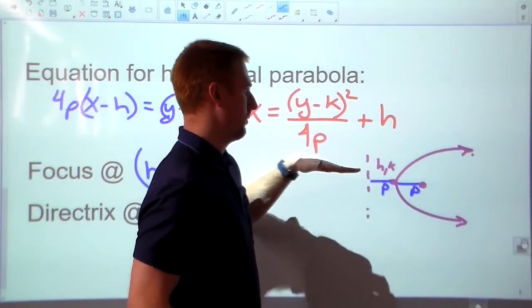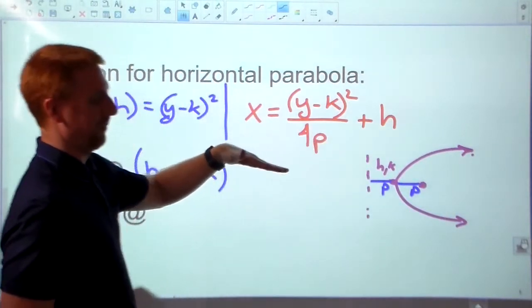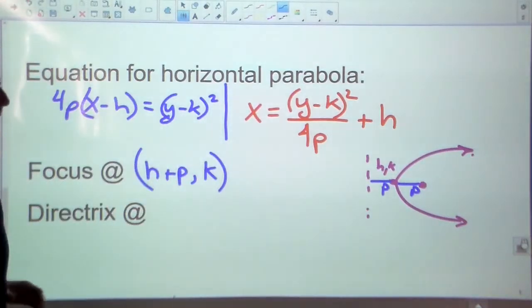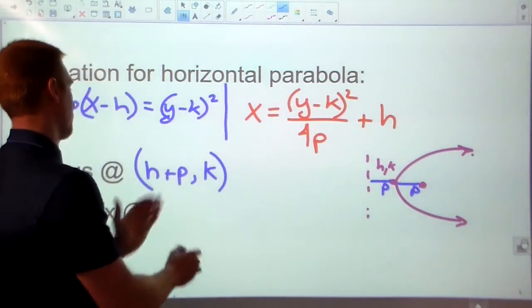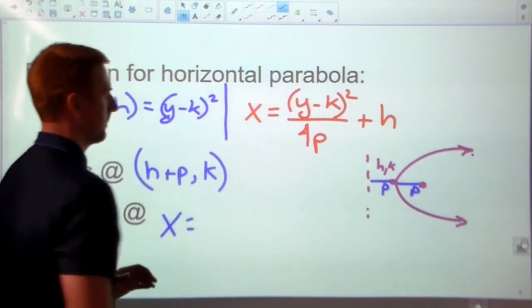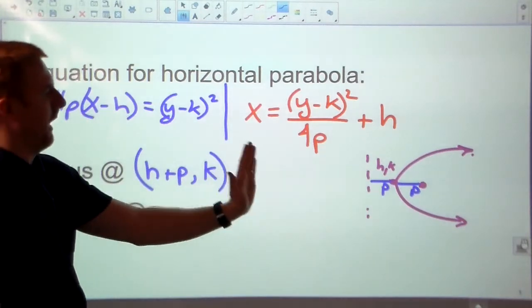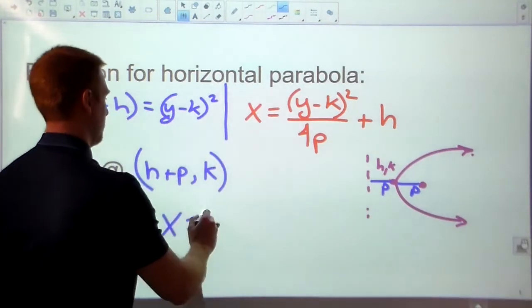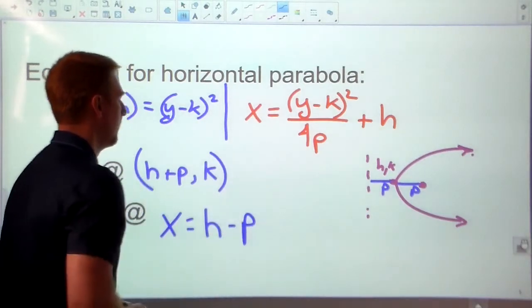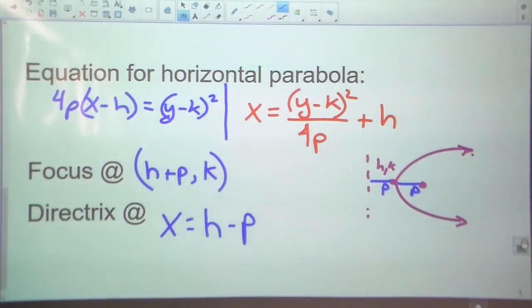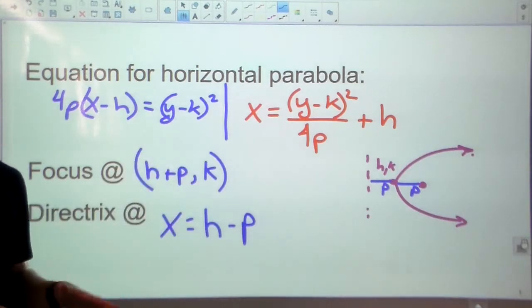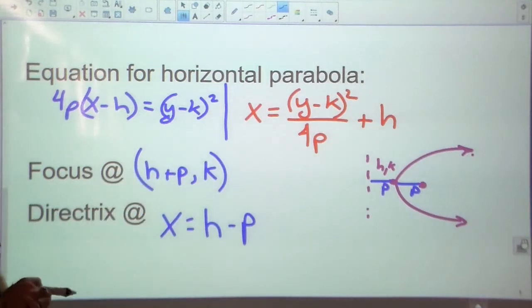You're staying the same amount in the y direction. Your directrix, you're going to move back, but it's a vertical line, so all you care about is what x equals. And that's going to be h minus p. So those are the formal definitions if you need them for focus and directrix. You'll probably be able to get these without really doing all the formalities, but there they are just in case.